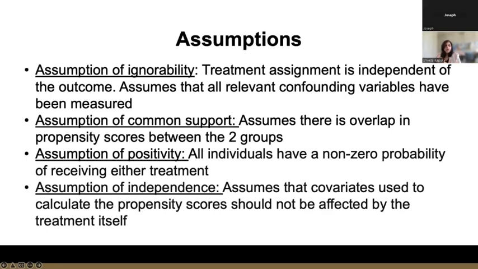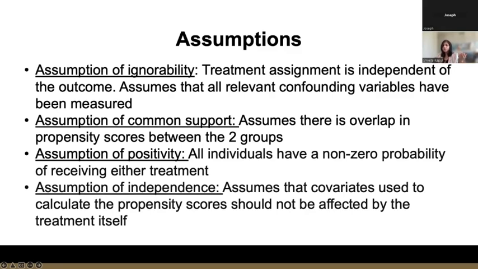Next, we move on to some of the assumptions of propensity score matching, and I've listed some of them here. The first one is the assumption of ignorability. Basically, what it means is that it's assumed that the treatment assignment is independent of the outcome.